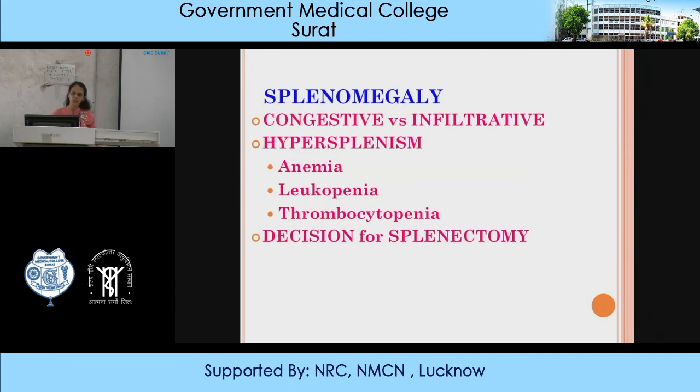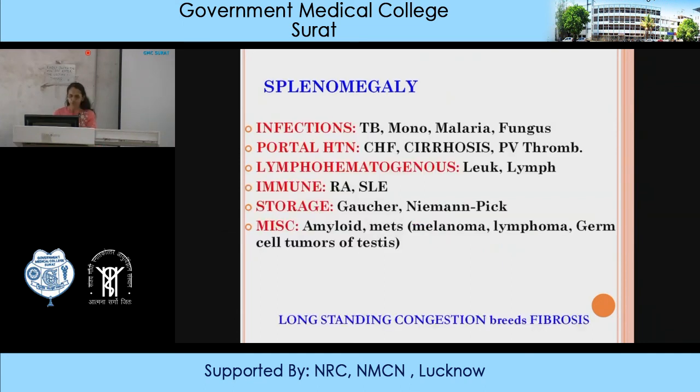Splenomegaly, congestive versus infiltrative. Hypersplenism, it has symptoms and pancytopenia, so one should go for splenectomy. So, hypersplenism and splenomegaly are different. There are a list of causes for splenomegaly.